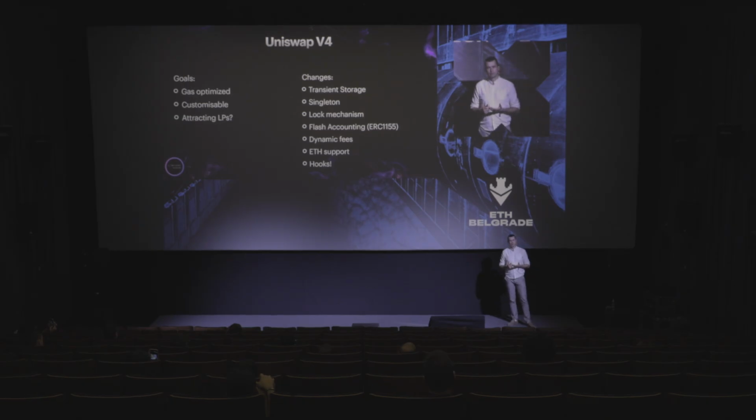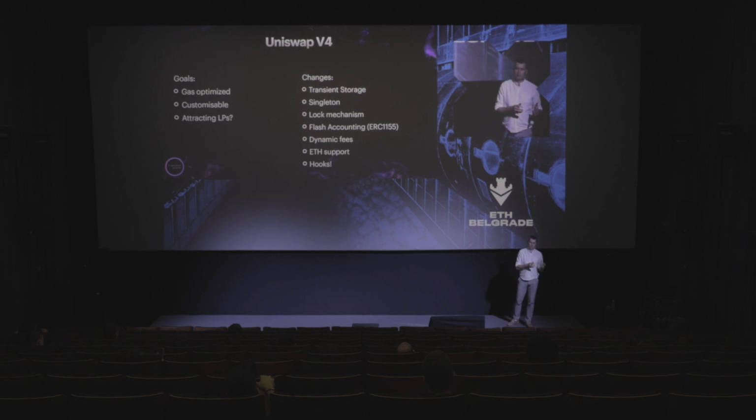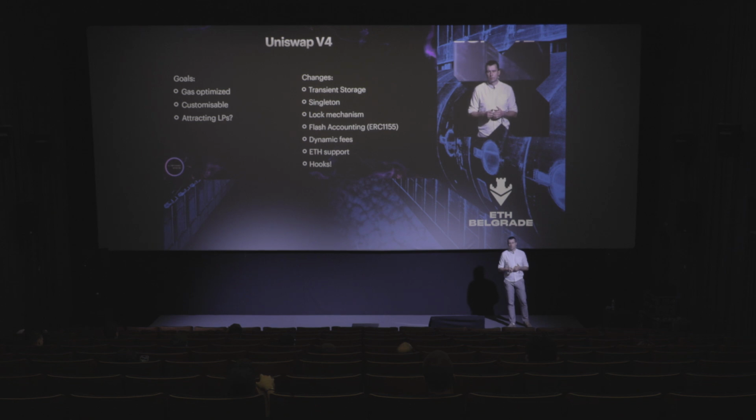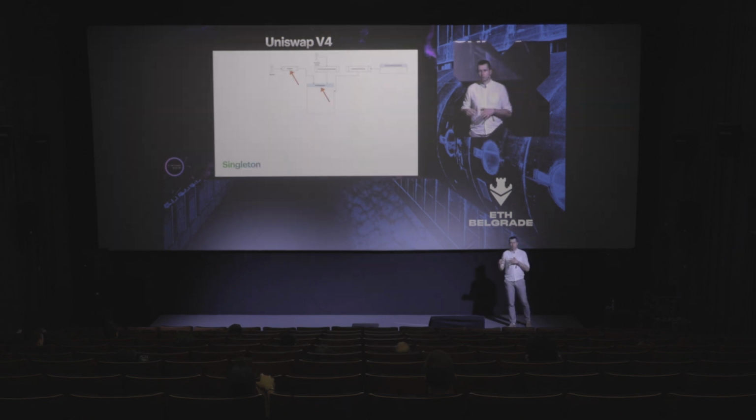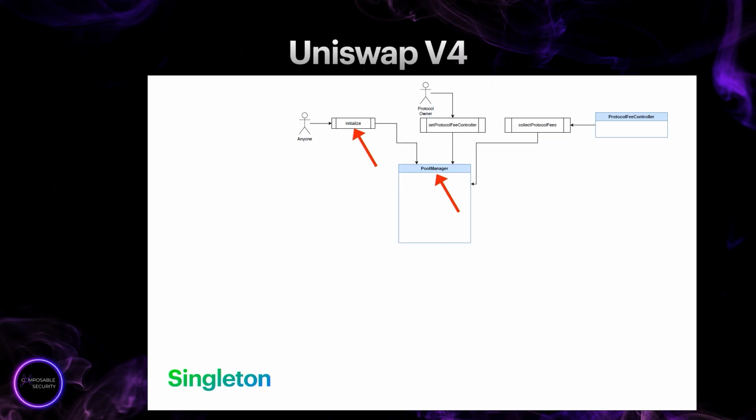And there are some changes, like the first one is transient storage, and that's why Uniswap had to wait for the Dencun upgrade, the Dencun hard fork. However, they still haven't released the project, so it's being audited now, and it will probably be released soon. And all the other changes I'm going to show you as the difference from v3.